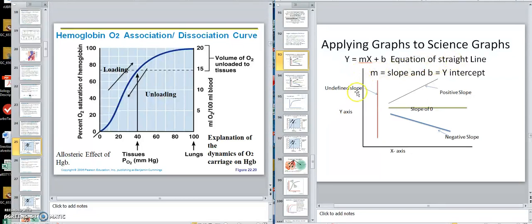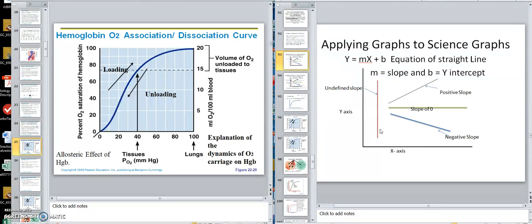I now have shown an x and y axis, and some straight lines with some slopes. If you have a slope going straight up, that's what we call an undefined slope, or some will call it infinity. In math, the slope is the rise over the run.